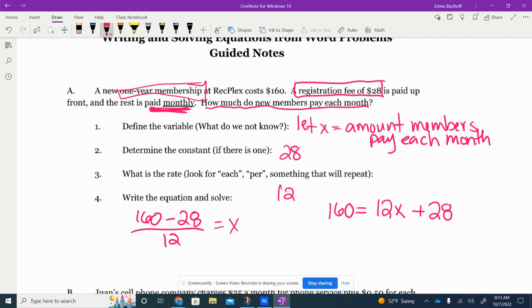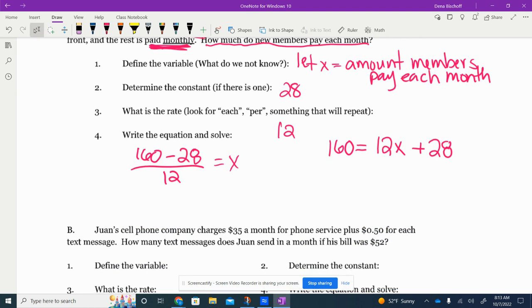So the easy way is right here: 160 minus 28, that's 132, divided by 12, 11 equals X. So I will pay $11 per month. Right? Isn't 160 minus 28 132? Yeah, I think that's right. I'm pretty sure, 99.7%.